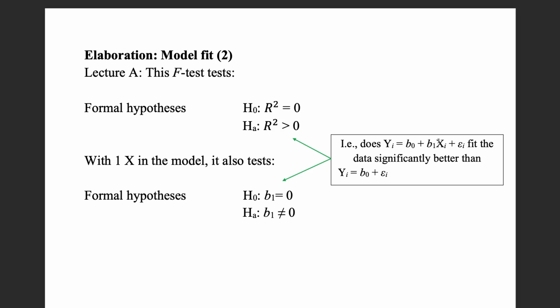It is that regression coefficient. So if this simple linear regression model is significantly better than the simpler model, that has to be because the effect is significant. These two things are completely equivalent in the simple linear regression model.